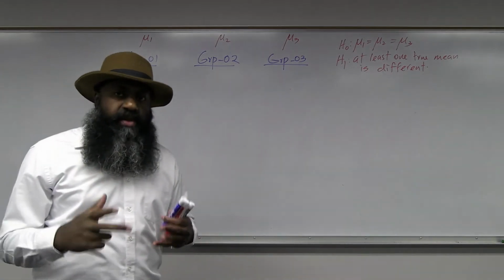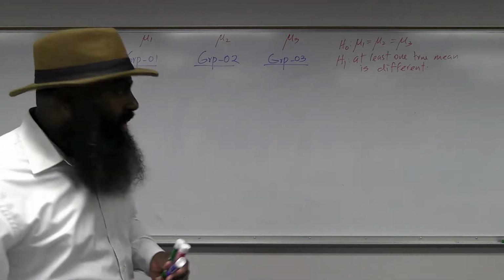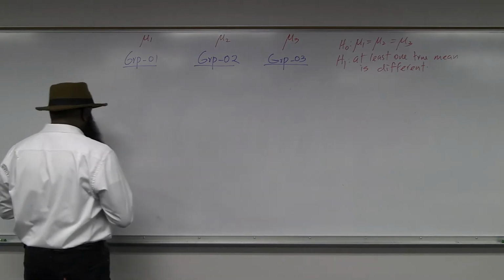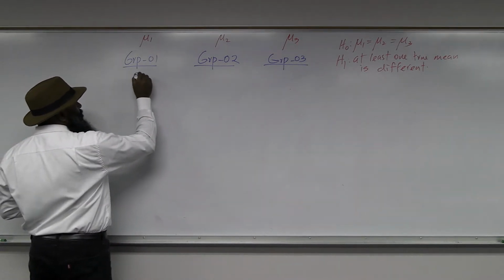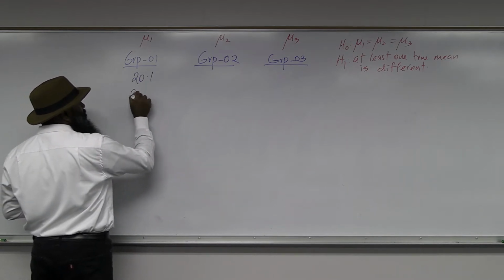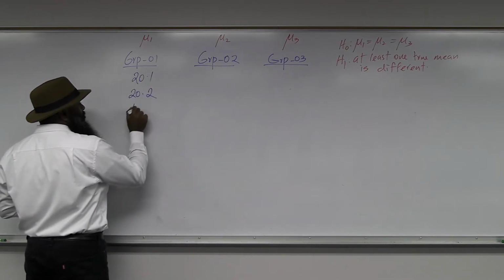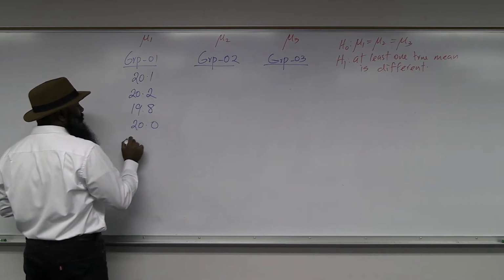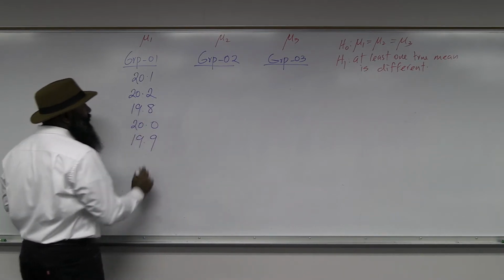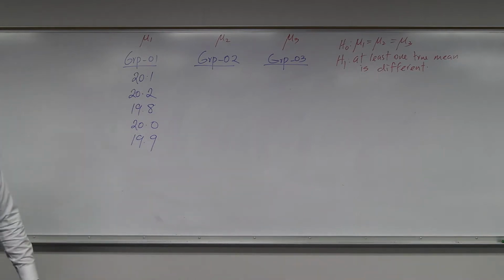I will give you the data set. Let's say group 1 has the data points like this. I have 20.1, 20.2, 19.8, 20.0, and 19.9. I have collected 5 data points from group 1.